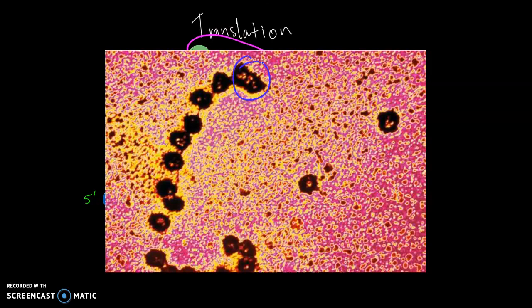We have a ribosome here, another one here, another one here, and it's hard to see, but the messenger RNA is actually over here. You can see the ribosomes are on the messenger RNA by the formation of the line, and they are working together as a group, polyribosomes.